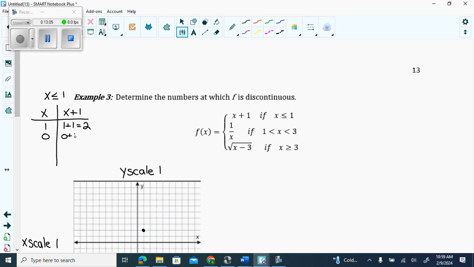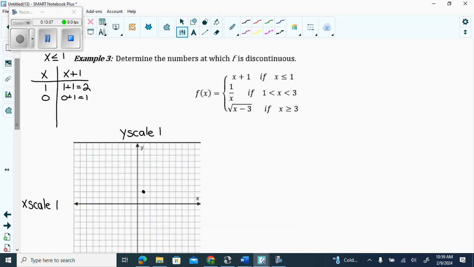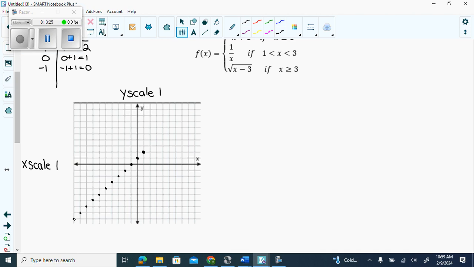So I go 0 plus 1, which is 1. So now I have 0, 1. And then if I use negative 1, I get negative 1 plus 1, which is 0. And it's a line, so it's just going to keep going. Down one.